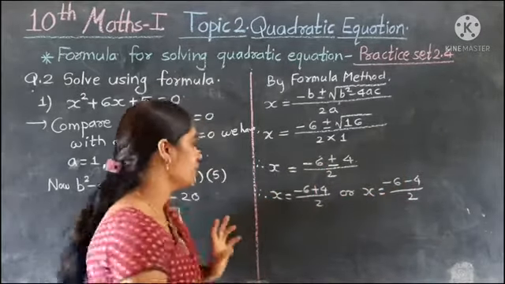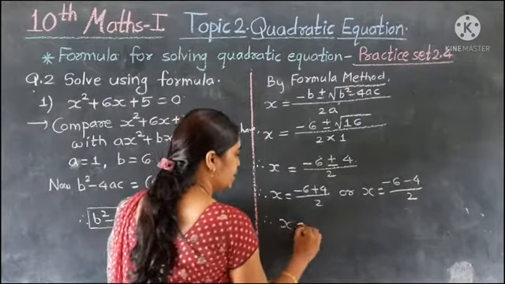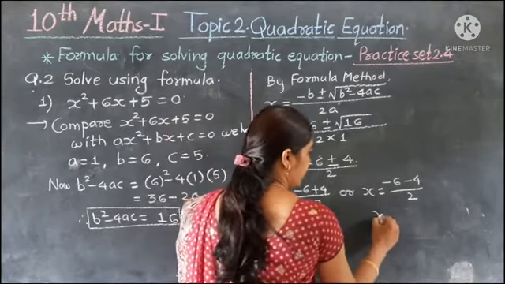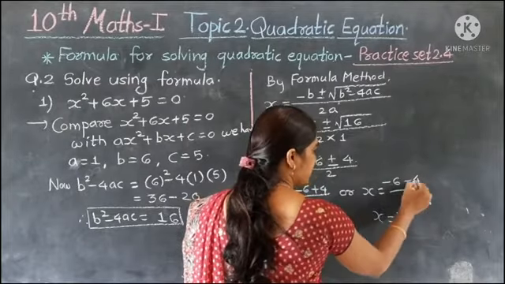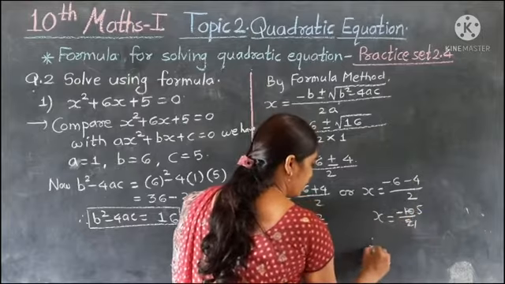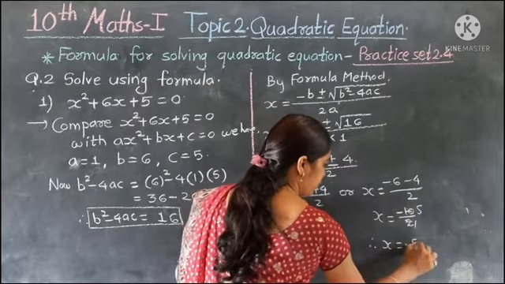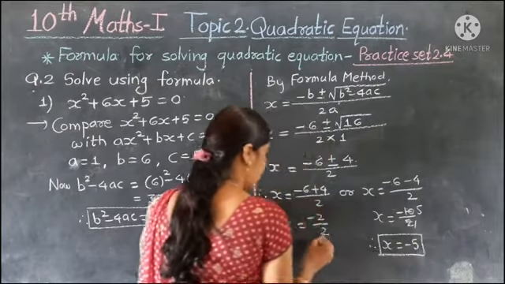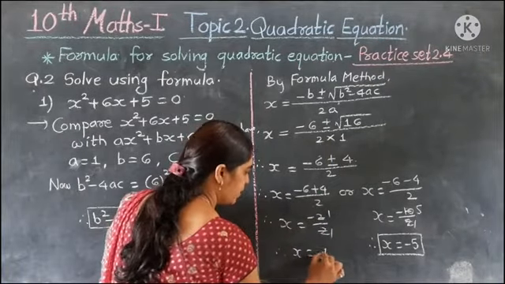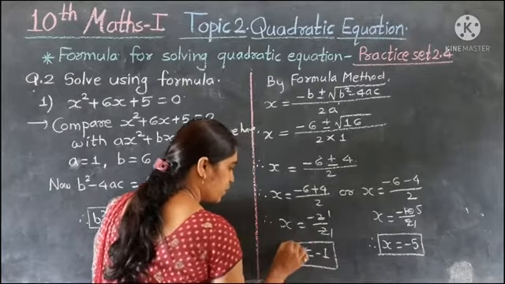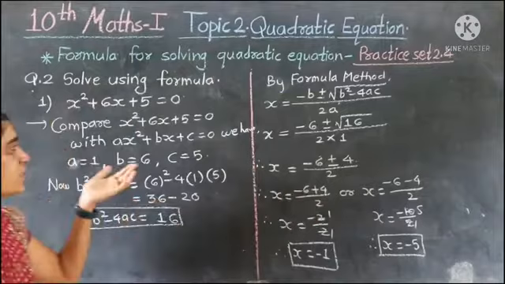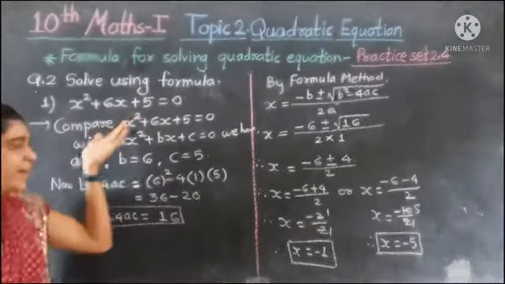Okay. So you get x is equal to minus 6 plus 4, which is minus 2, upon 2, and here x is equal to minus 6 minus 4, which is minus 10, upon 2. 2 fives are 10. We get x is equal to minus 5. 2 ones are 2. Here we get x is equal to minus 1. Okay, this is the formula method. First step, you write the given equation in standard form.